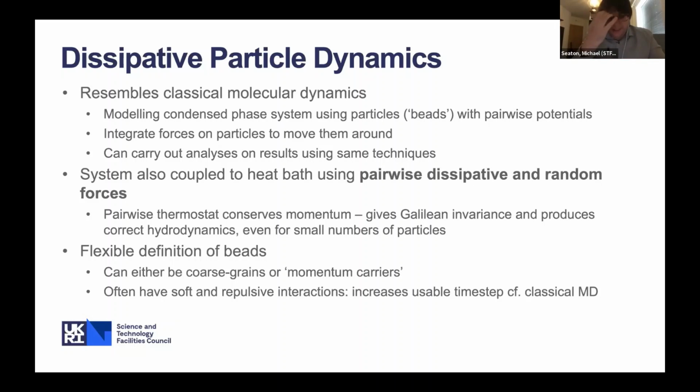These beads will also typically have soft, repulsive interactions between them. The effect of that helps us increase the time steps that we can use compared to classical molecular dynamics, which means we can obtain steady state or equilibrium structures considerably more quickly.